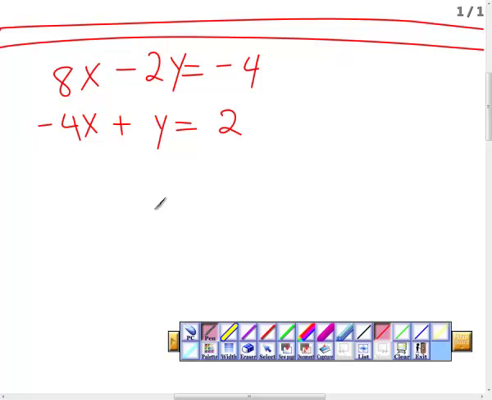But if they do tell you to use the substitution method, you have to use that method. If they tell you to use the elimination method, you have to use that. But let's say they didn't tell you.